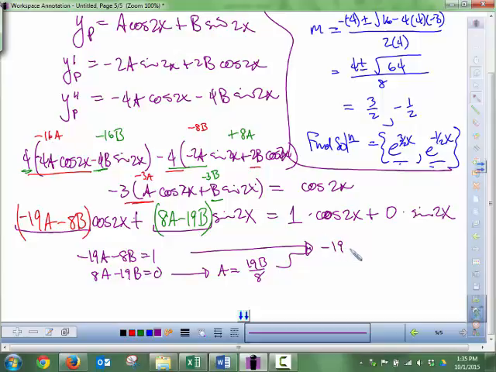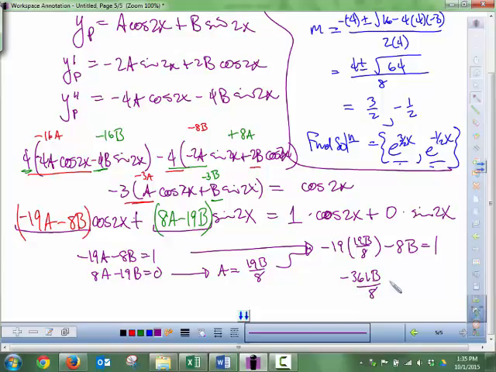Negative 19a minus 8b is equal to 1, and try to solve for b here. Oh, what's 19 squared? 361? Negative 361b over 8.